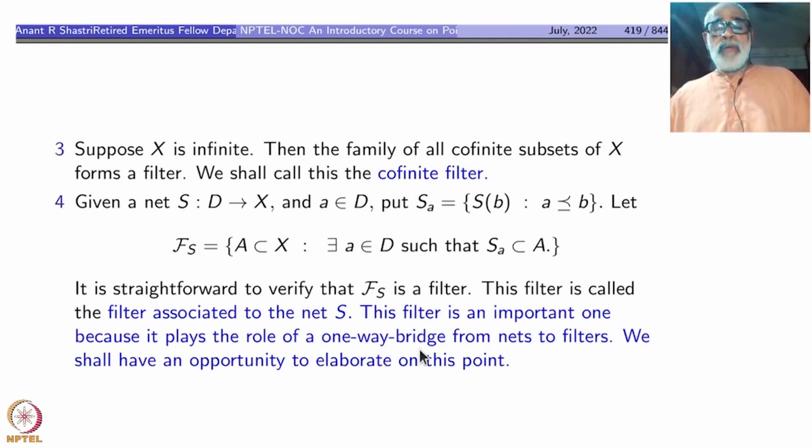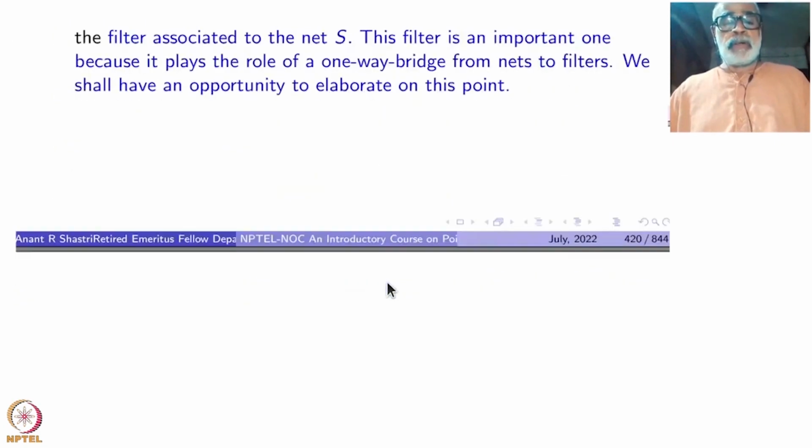Why am I calling it one-way? I don't know any nice way of going from filters to nets. This way it is very nice, very easy work. Okay, so this one-way bridge is there. We shall have an opportunity to elaborate on this point. Why is this bridge important? Just by having such a function doesn't make much sense. So we will see why this is important.